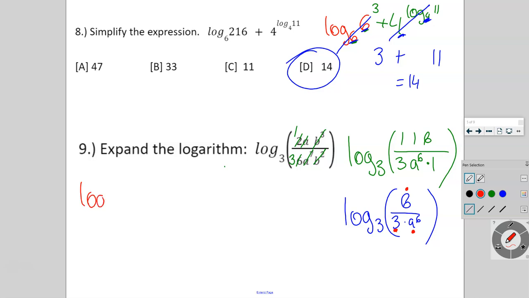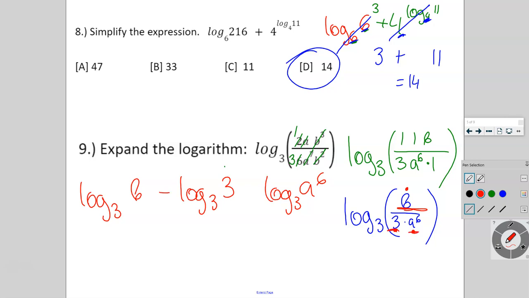So I have log base 3 of b, then log base 3 of 3, and log base 3 of a to the 6th. The top log is positive. The two bottom logs are going to be negative.